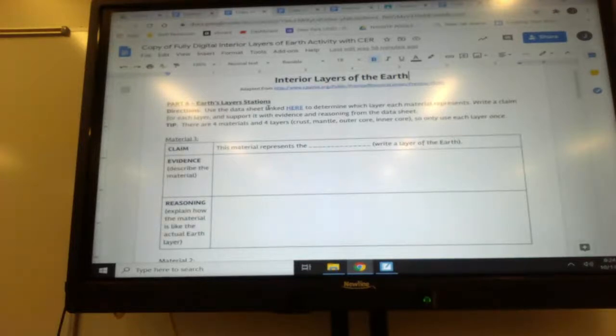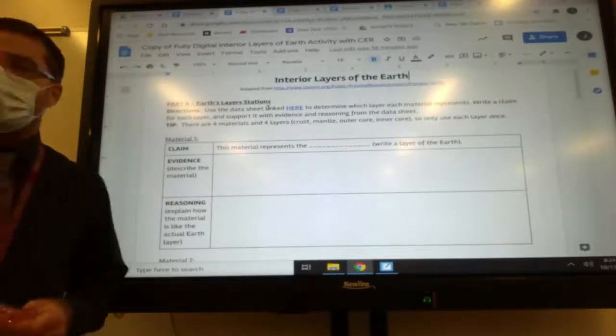Does anybody know what malleable means? It can be molded, right? So this will represent the mantle. The mantle is made up of rock. You would call it a semi-solid. It's not solid, but it's not liquid either. It's in between. And a good way to describe it, you guys know what asphalt is, right? Hot asphalt, when you're making roads, is able to flow when it's really hot, and hardens when it cools down.